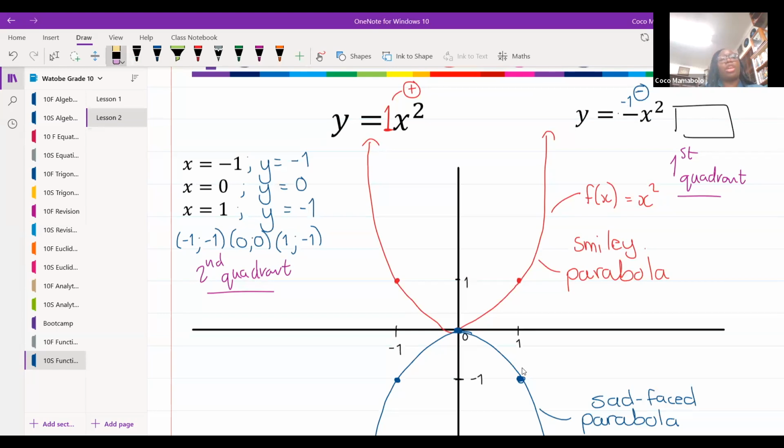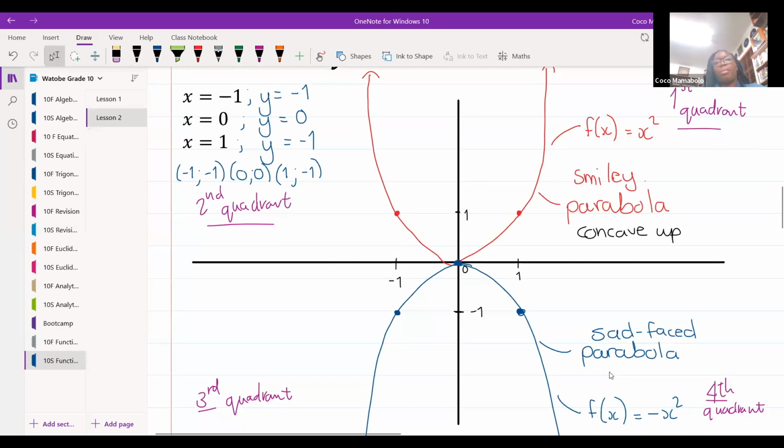If they ever said comment on the shape, you could easily just say it is a positive graph, so the parabola is concave up, because it's open upwards. And over here with our sad face parabola, this would be concave down. All right, excellent, my sweetie.